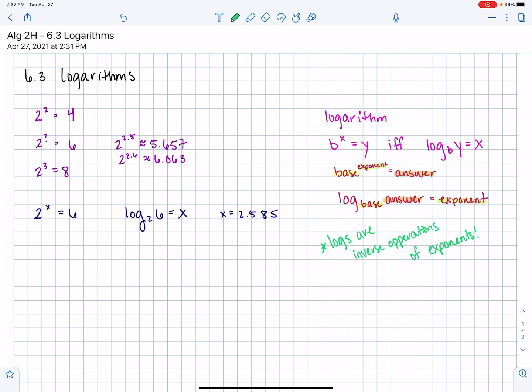And I'm sorry to take away that big aha moment from you because it's a video, but I promise to show you in class that it is the inverse operation. Just like how we undo multiplication with division, we undo exponentials with logs, and we undo logarithms with exponents. It works back and forth.